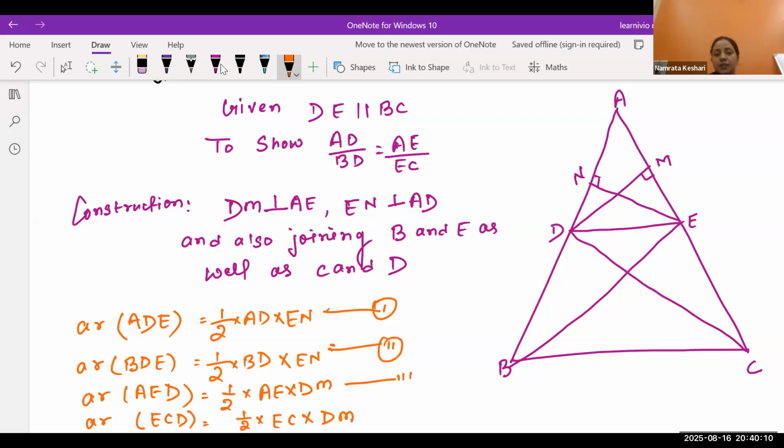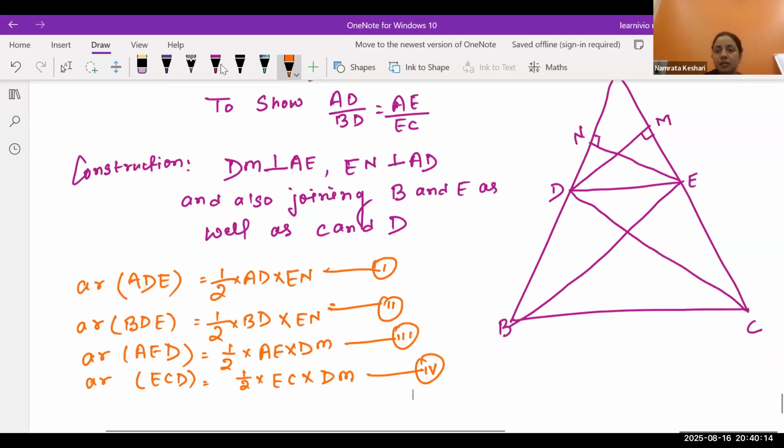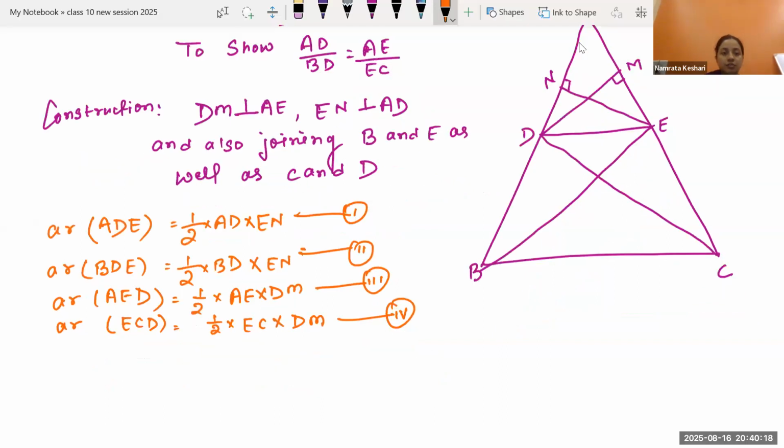Till here we have done in the last class. Okay, let's do 1 divided by 2. Directly I am writing the ratio: area of ADE over area of BDE is equal to AD by BD.